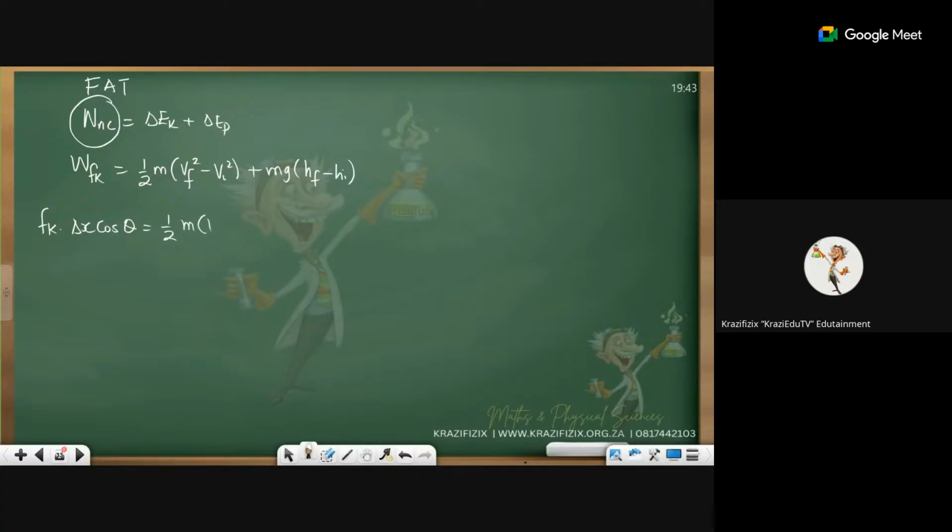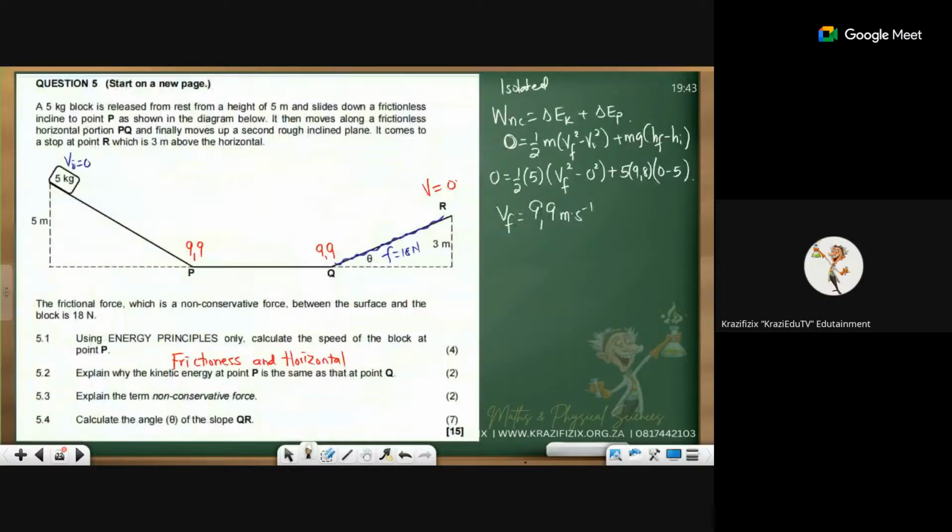Okay, I'm going to rewrite this, by the way. Plus m g, h final. Let's do the substitution together. What's our friction? 18. What's our displacement? Okay, we don't know it.